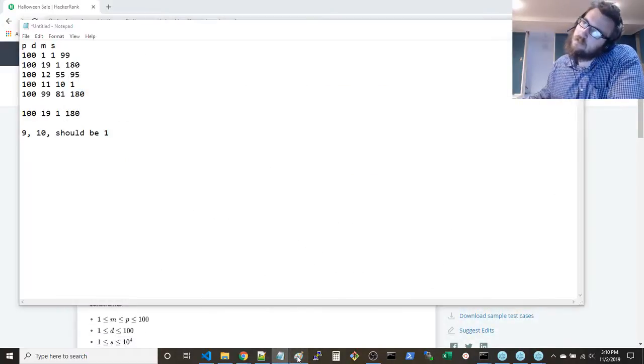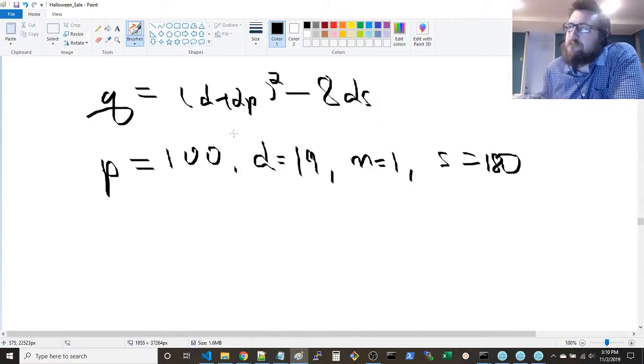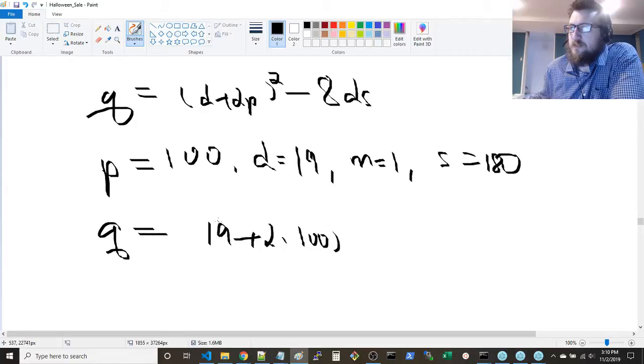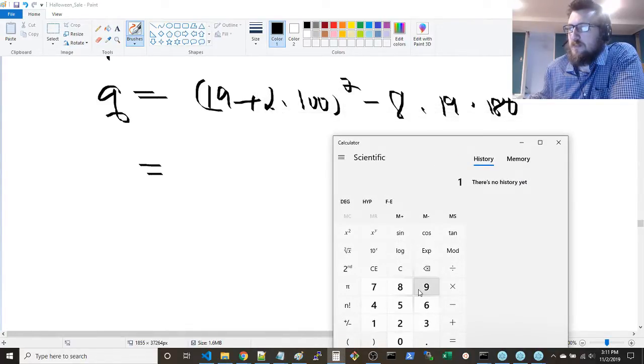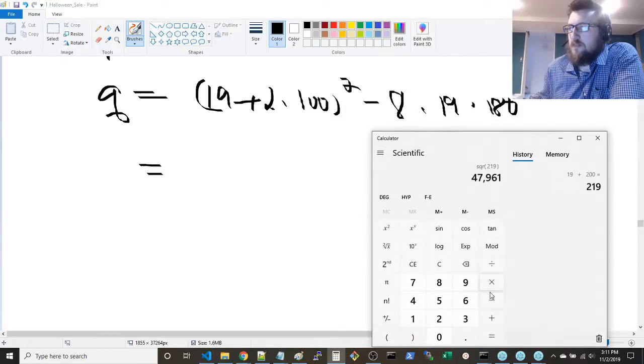So what's wrong? Q is 19 plus 2 times 100 squared minus 8 times 19 times 180. I get the feeling this is negative, and that's why we're having issues. Eight times 19 times 180. No, this is positive.